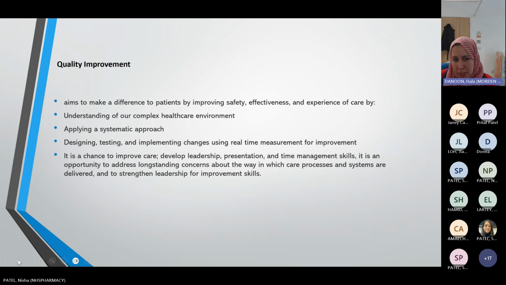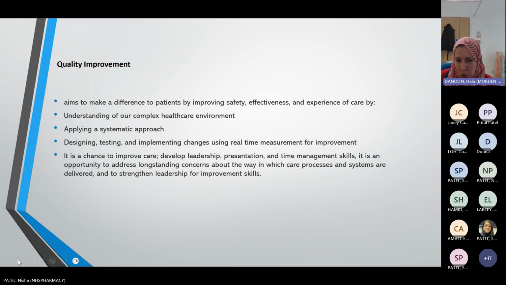And that's by understanding our complex healthcare environment, applying a systemic approach, designing, testing, and implementing changes using real-time measurements of improvement. It is a chance for us as pharmacists or as a team within the primary care to improve care for our patients, show leadership skills, improve our presentation and time management skills.